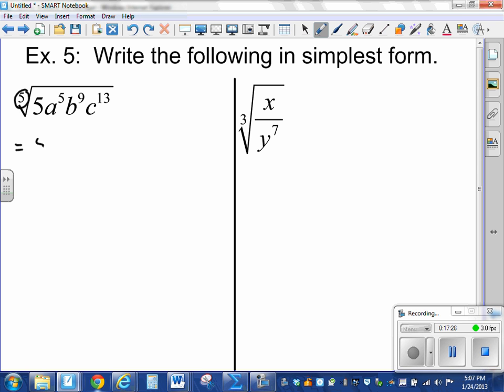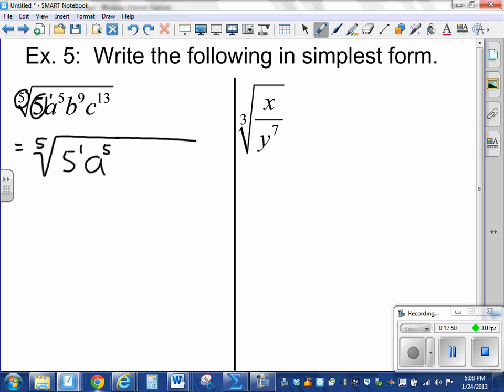So the 5th root of, now this 5 right here is to the first power. Can't really do much with that, so you just leave it alone, 5 to the first power. Okay, a to the 5th is nice because that is a perfect 5th power. Okay, b to the 9th is not a perfect 5th power, but you do have a 5th power inside of that.